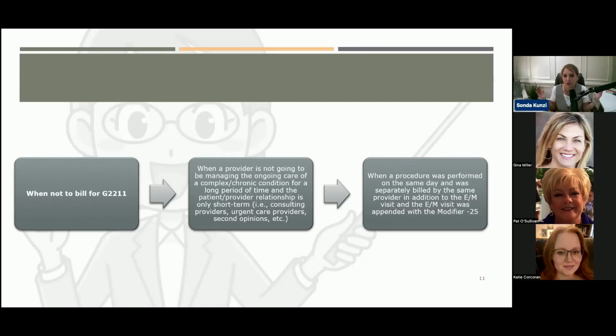They're still a long-term patient, right? They've been my patient for 10 years, but they've been really healthy. That really wouldn't be a G2211. Really, because you think about the ongoing piece, the managing piece of this, the time we're spending, the reason they put the code out there doesn't make sense for those types of patients. So you really want to be careful there.